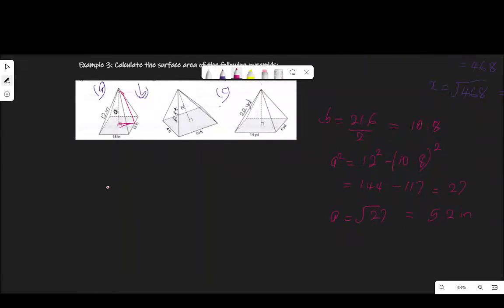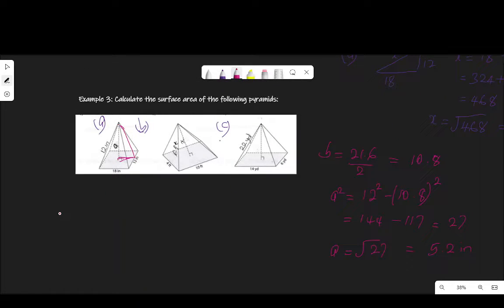Applying Pythagoras, let me draw this triangle. This is A, which is 5.2. This is the base, half of 18, that is 9. And this is what we are looking for.